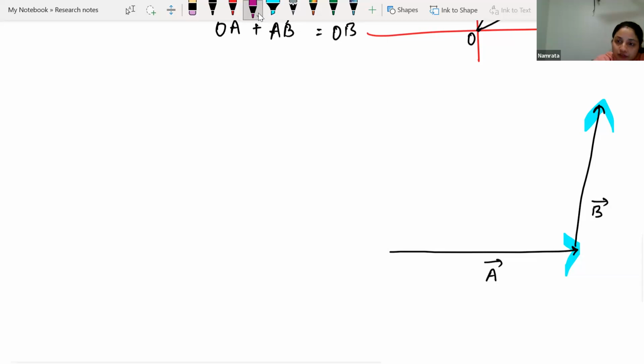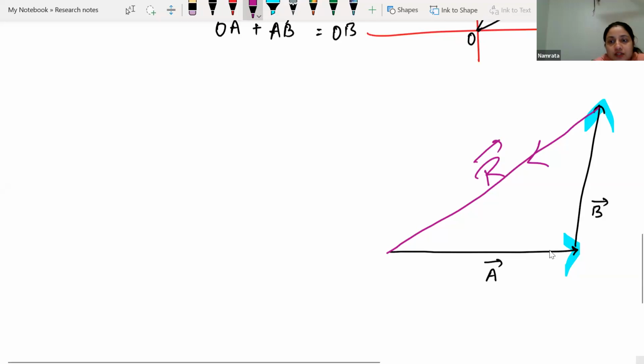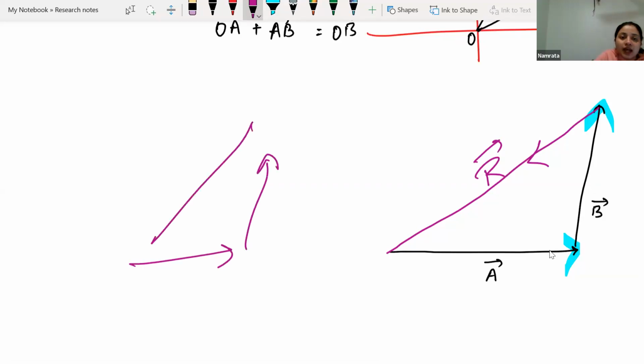The third side of this triangle will represent the magnitude and the direction of the resultant vector. This is the resultant vector R. And the direction of this resultant vector will not follow the pattern. If you have towards the right and then up, then it will be in this direction. Just a moment.